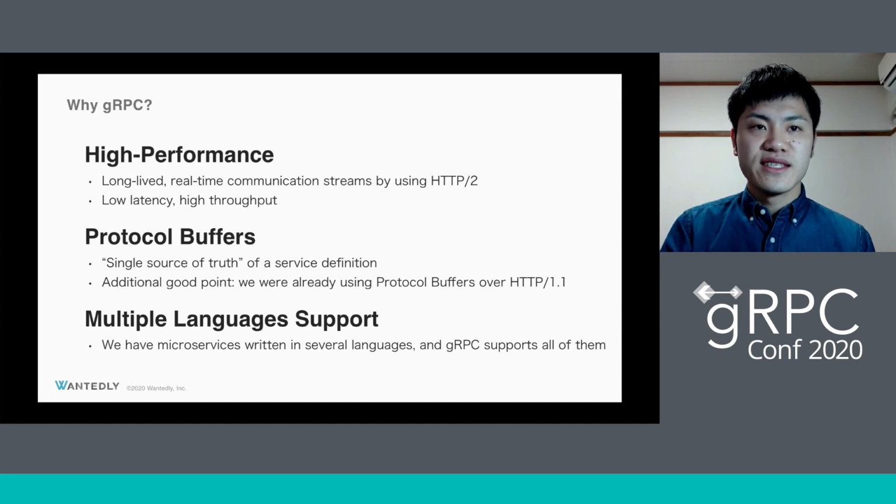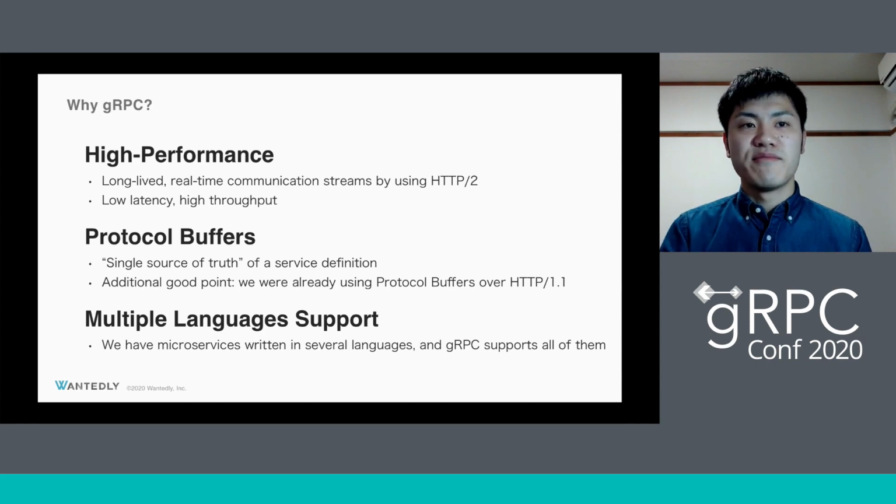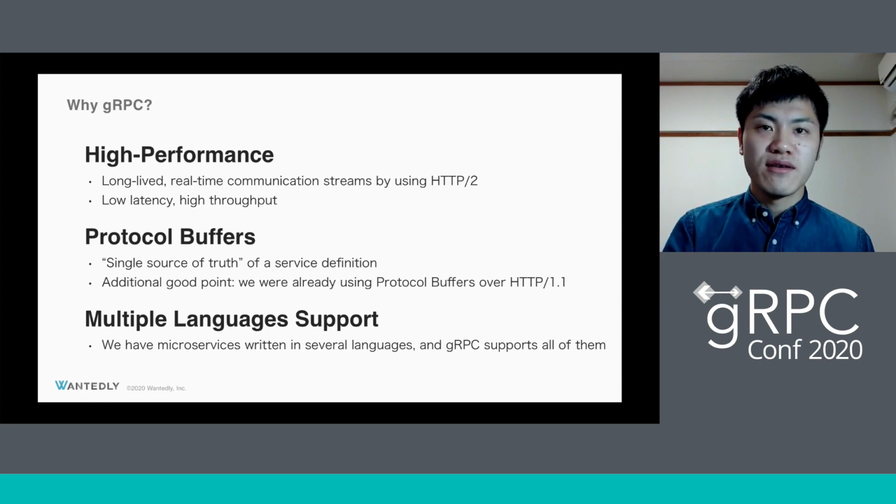The second reason is protocol buffers. gRPC uses protocol buffers. It provides a single source of truth for gRPC service definitions. It is a very good point, and as an additional good point, we were already using protocol buffers over H1 before using gRPC.